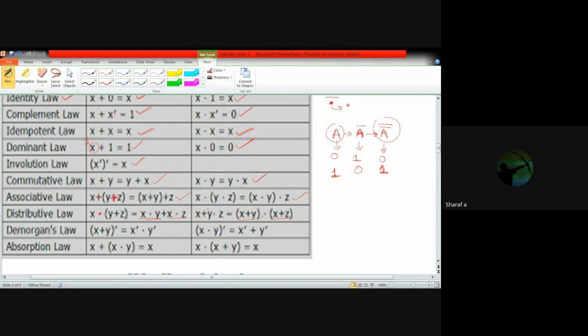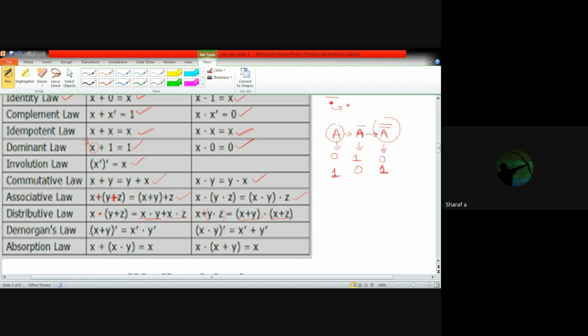Just put a bracket with a dot. So in this case, x plus y dot z becomes (x plus y) dot (x plus z). In that case, you just expand that bracket with the operator which is outside the bracket.